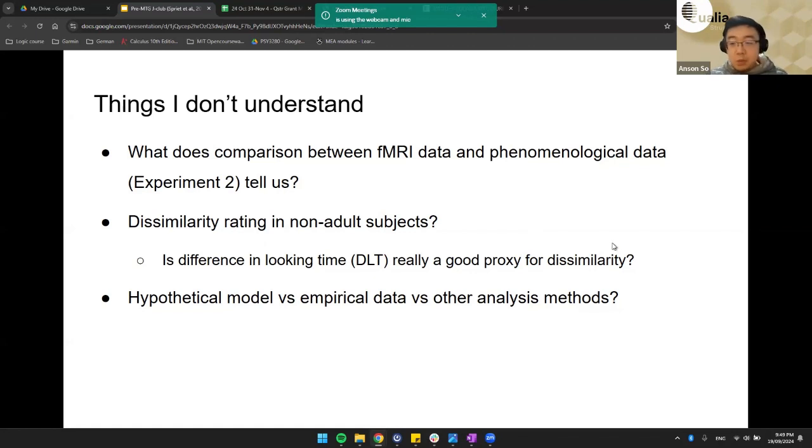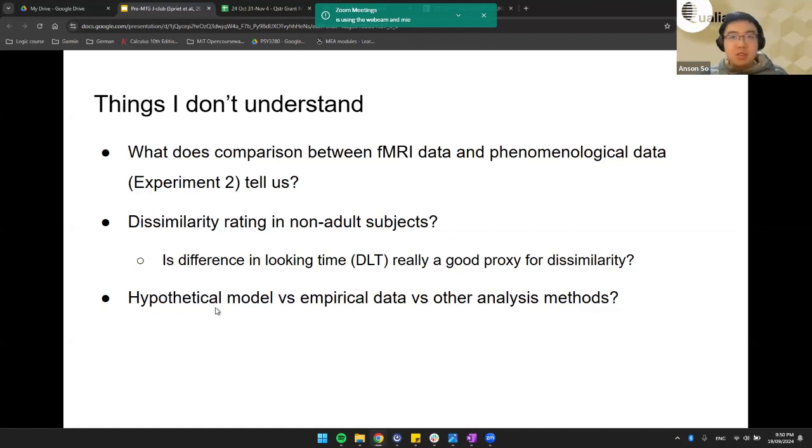And finally, in experiment one, what the authors have done is to compare the empirical data with some hypothetical models. So they are trying to say that infants can categorize some categories if their data aligns with the hypothetical model.